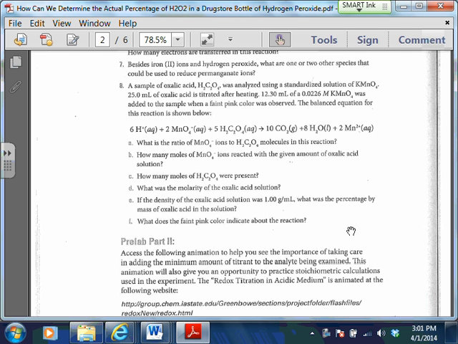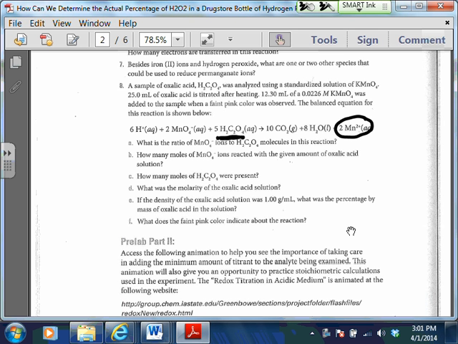Here, that's not the reason it's faint pink. The reason it's faint pink, and I think I said this already on the video, is because your MnO4 has reacted with the H2C2O4 and it's changed to Mn2+, okay? So that's going to give you a faint pink color.